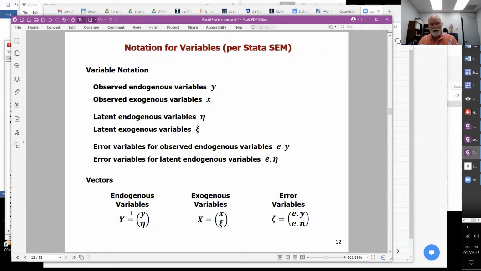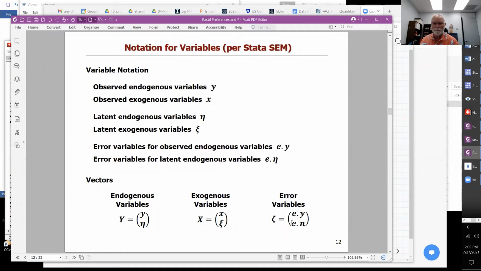So what we're going to have is relationships between observed variables over here, across the bottom, starting with endogenous variables. There'll be etas, the latent version, and then y's, some set of observed variables, which are the components that are related to the latent variables. We'll have the same thing for the exogenous variables.